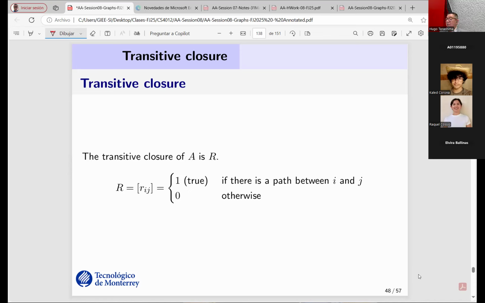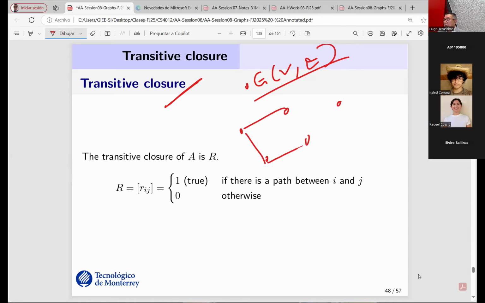Well, okay. So let me just give you very quickly two more algorithms. One is the transitive closure. And the transitive closure is, you have a graph, and you have, let's say, connections between nodes.